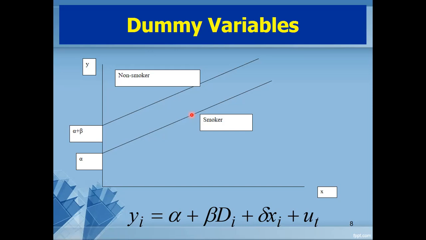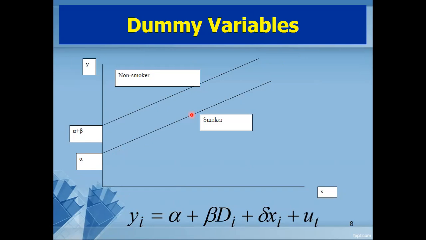I think now it's clear, because I just wanted to provide you a kind of graphical illustration to visualize the importance of learning this dummy variable. Now, I think you might have a question.